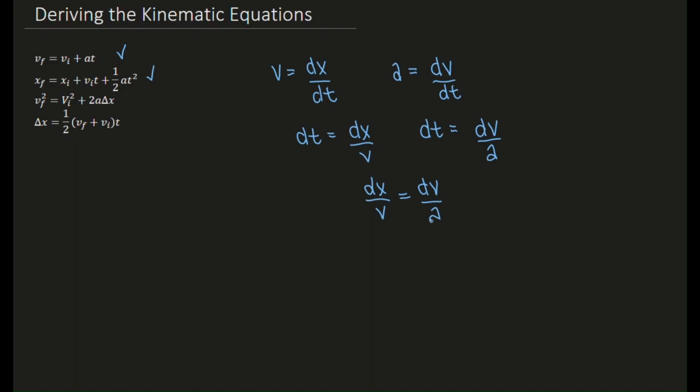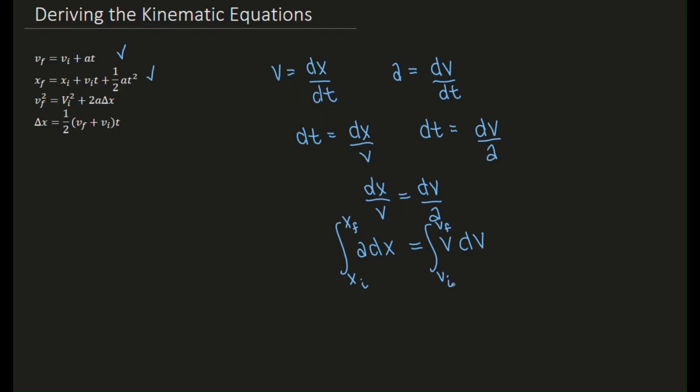If I move them to their corresponding sides, I get acceleration times change in position equaling velocity times change in velocity. And I integrate the left-hand side from some final position to some initial position, the right-hand side from some final velocity to some initial velocity.